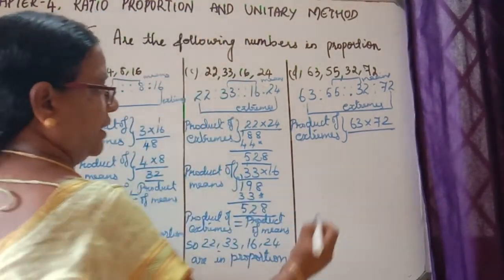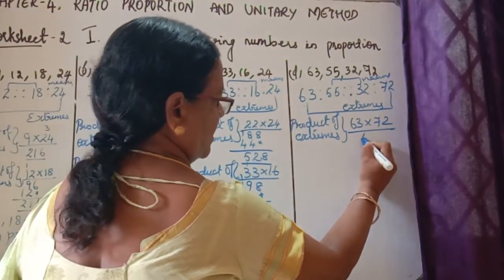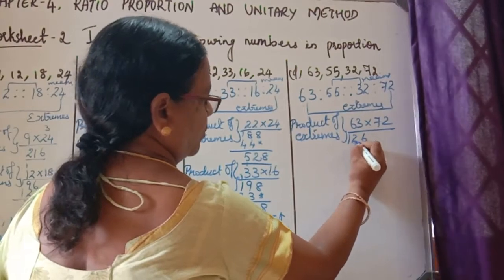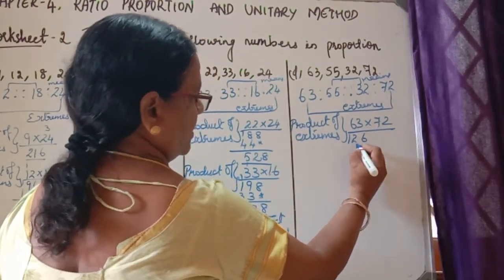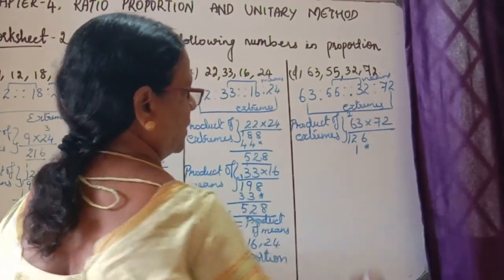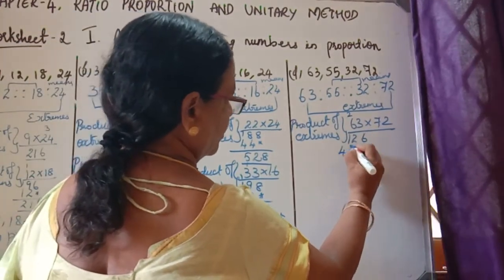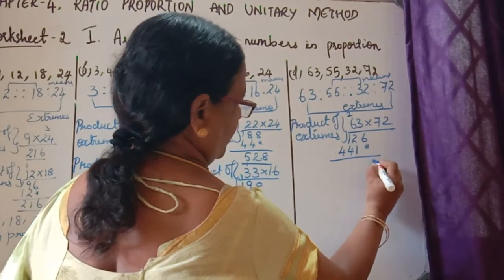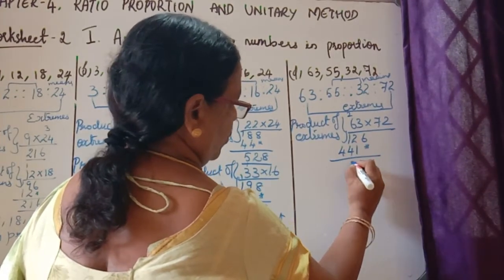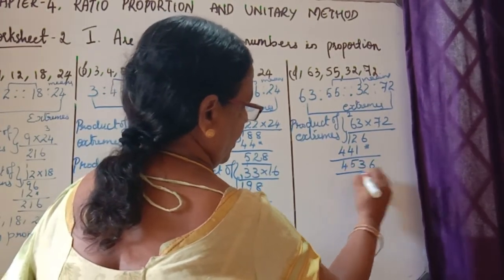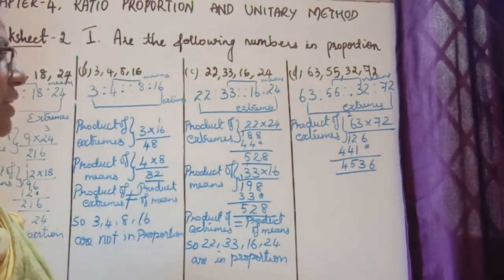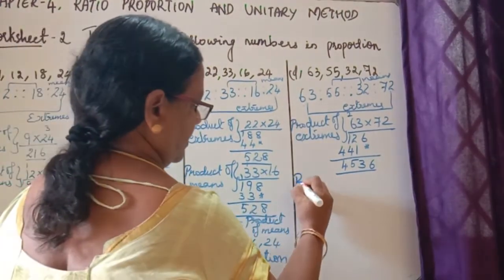Shall we multiply? 2 3s are 6. 2 6s are 12. 7 3s are 21. The remainder 2. 6 7s are 42 plus 2, 44. 4 plus 1, 5. 4. How much? 4536.